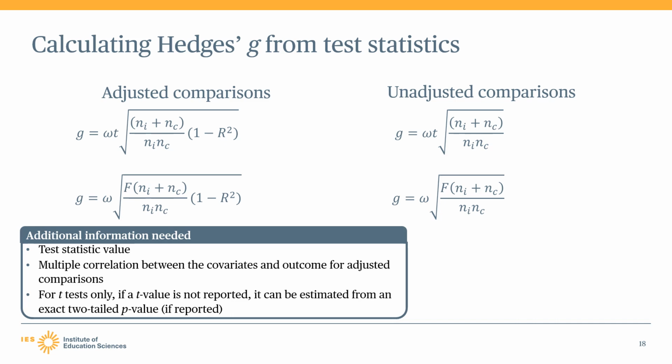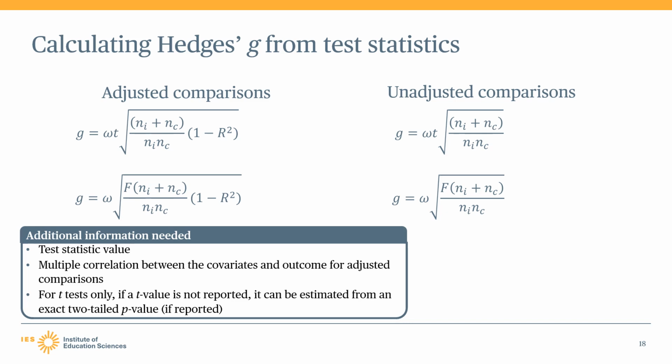The versions involving the adjusted comparisons on the left also include the multiple correlation R squared. So when reviewers are calculating a Hedges G effect size and its standard error using test statistics for covariate-adjusted mean comparisons, reviewers typically already will have separate sample sizes for the intervention and comparison groups, but they will need some additional information beyond what we have discussed already.